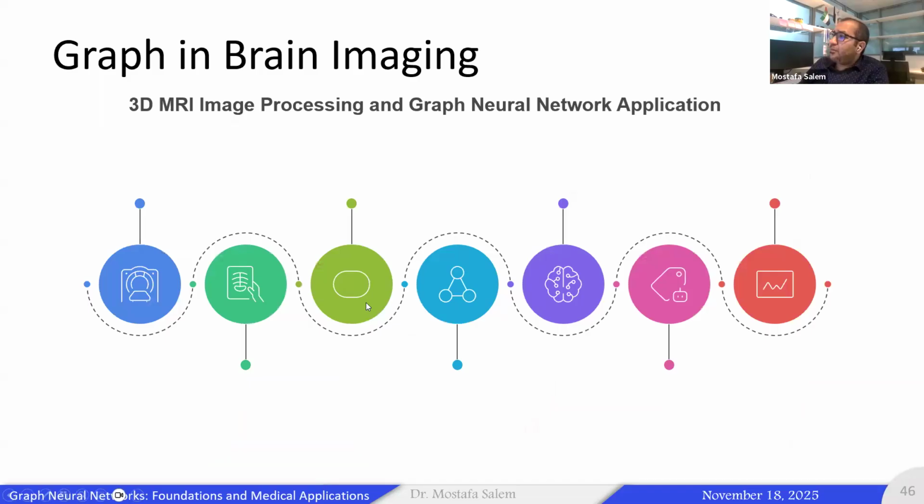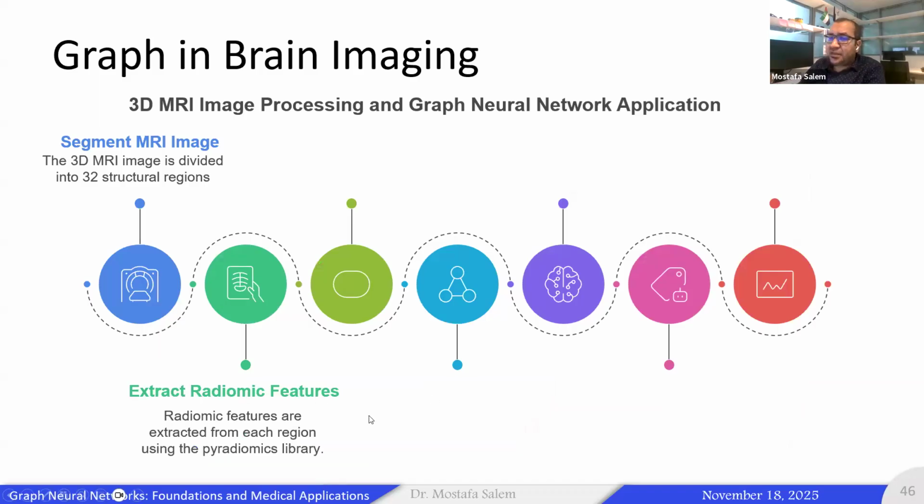So if you have a 3D MRI image and you want to use graph neural networks to do some machine learning using these MRI images, the first thing you have to do is segment the MRI image into different structural regions, and then extract radiomic features for each region, and then construct the graph. In this case, each region will represent a node, and the features extracted for each region will represent the node features.